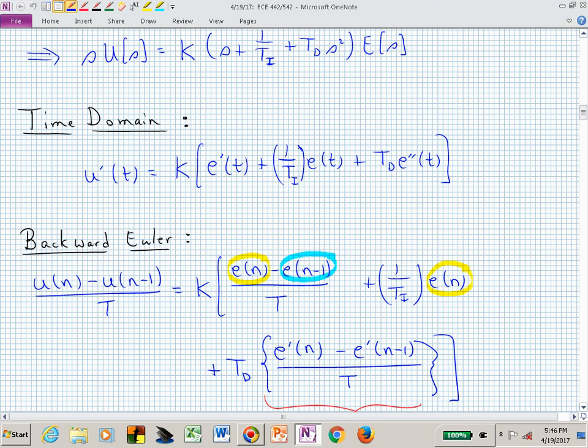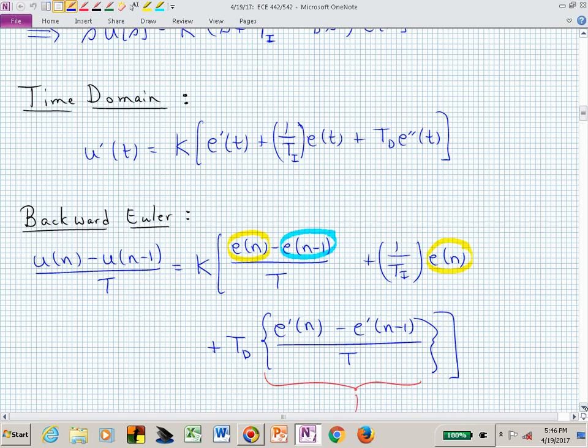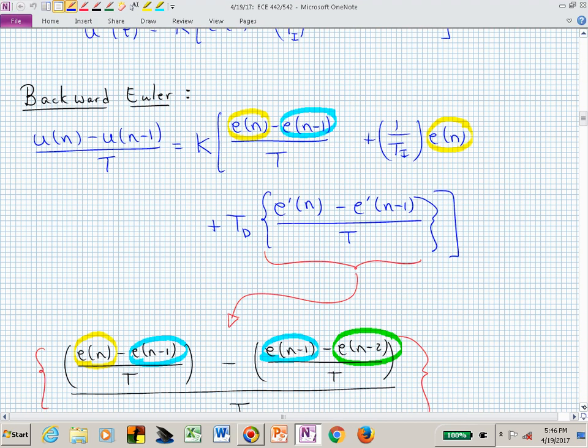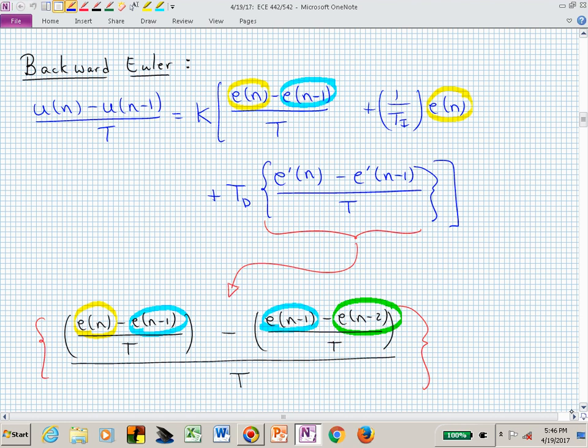So inside that curly bracketed expression, we're going to expand that out into a couple more approximations of derivatives. We approximate e prime of n. Again, all I'm doing right now is replacing what's in the curly brackets. That's shown in the red curly brackets. The top left-hand term is just an approximation of e prime of n.